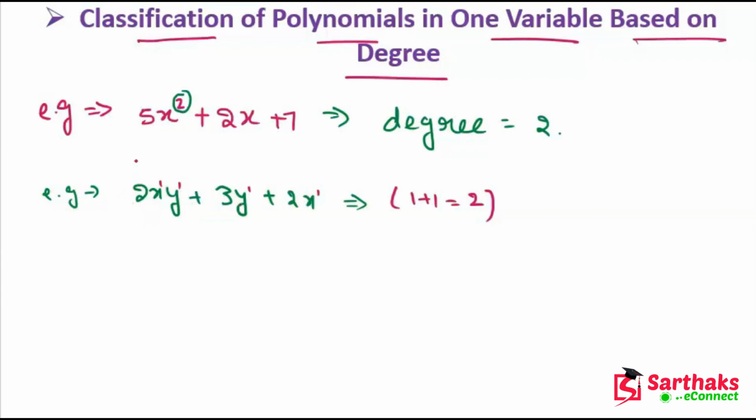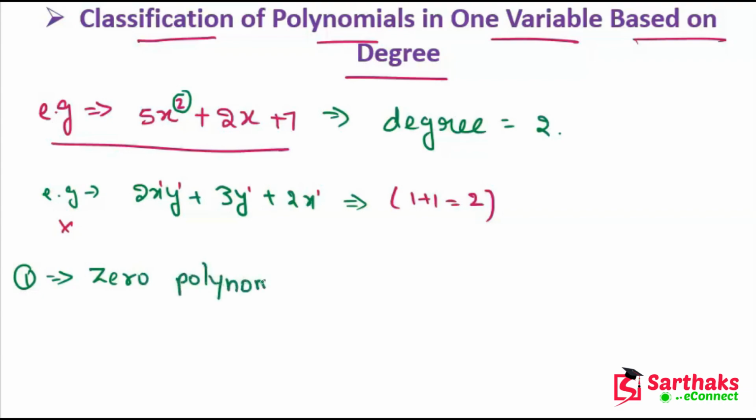I hope you get this point. So now, my dear friends, here we are just discussing the degree of polynomial in one variable. The polynomial in more than one variable is not in our syllabus. So now, the types of polynomial in one variable: first is zero polynomial or constant polynomial.